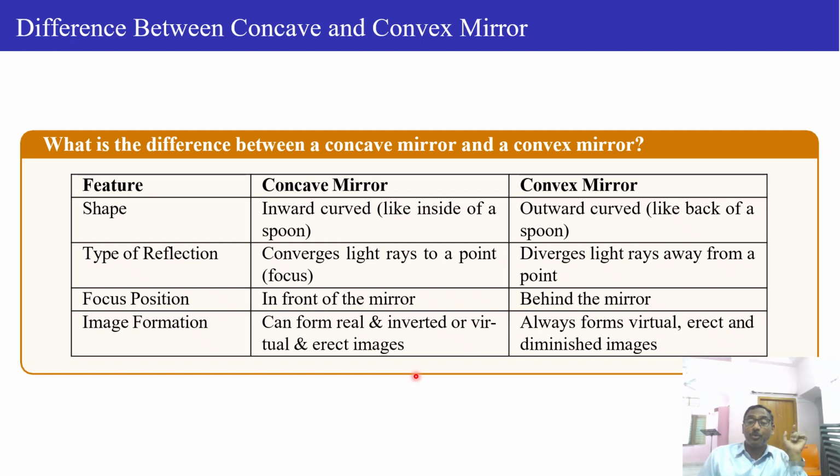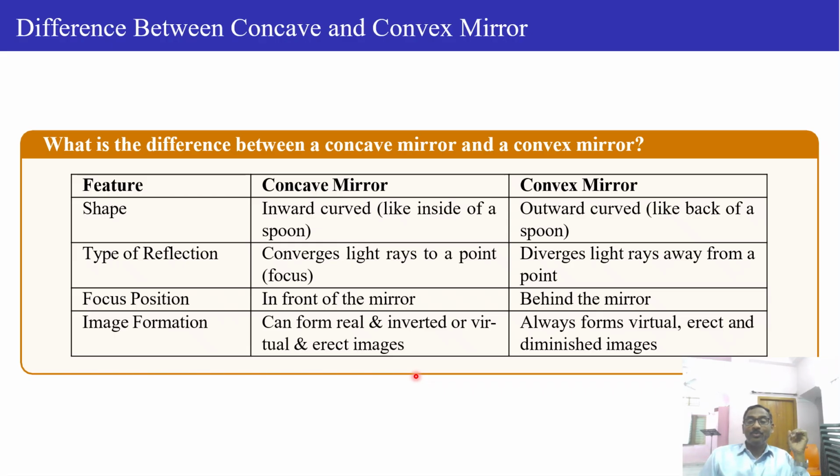Based on the object position in front of the mirror, we get either a real image or a virtual image. A real image means we can catch it on a screen in front of the mirror. If we put a screen, we will get the image of the object on the screen.